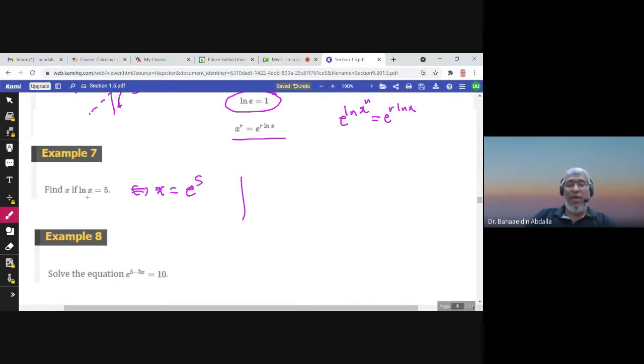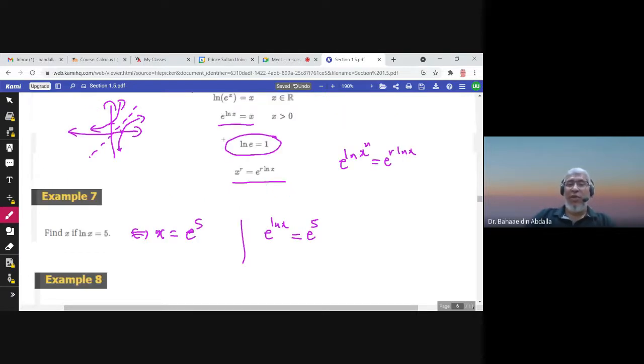You can raise this equation to the base e. So ln x equals 5, you put e here and e here. Now we know that e and ln cancel each other from here. So I will have that x is e to the power 5. Same solution.